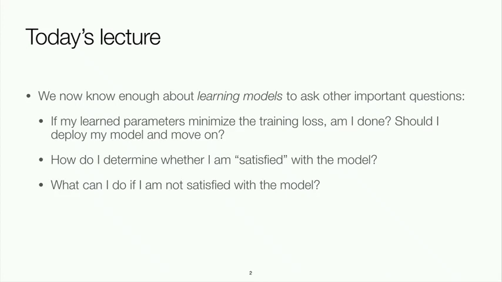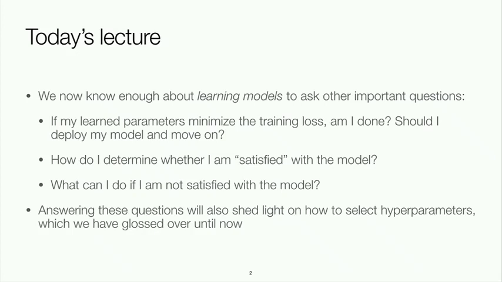And lastly, what can I do if I'm not satisfied with this model that I've learned? Maybe even if it minimizes the training loss, it might not be good for generalization. How do I combat that? How do I take steps to mitigate that? Answering these questions is going to be very informative, and it's also going to shed light on an important topic that we have not discussed, which is how to select hyperparameters, right?